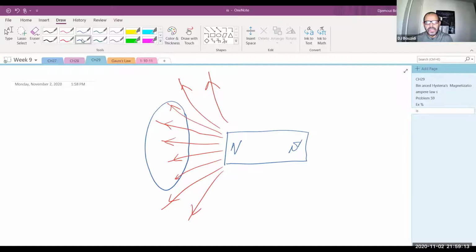Assuming the wire is moving in this direction. What happens next? Of course, these lines are already in. I have 1, 2, 3, 4, 5 lines already in. The next time, there will be 2 more lines in. Do you guys see that? Since there are increasing field lines this way, the loop itself will generate its magnetic field to compensate for the ones that have come in, basically canceling them.